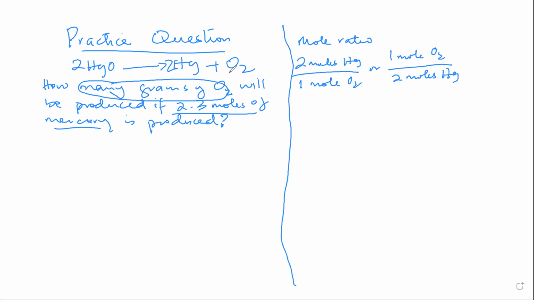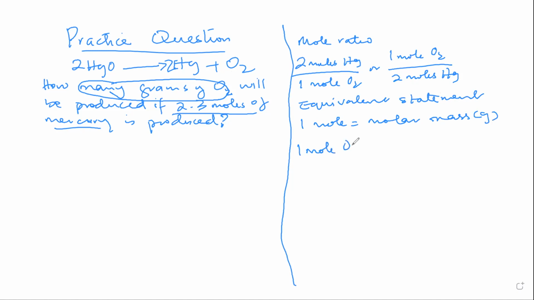Now, how do we go from moles of oxygen to grams of oxygen? We use the equivalent statement: 1 mole equals molar mass. So 1 mole of oxygen is 32.00 grams of oxygen.